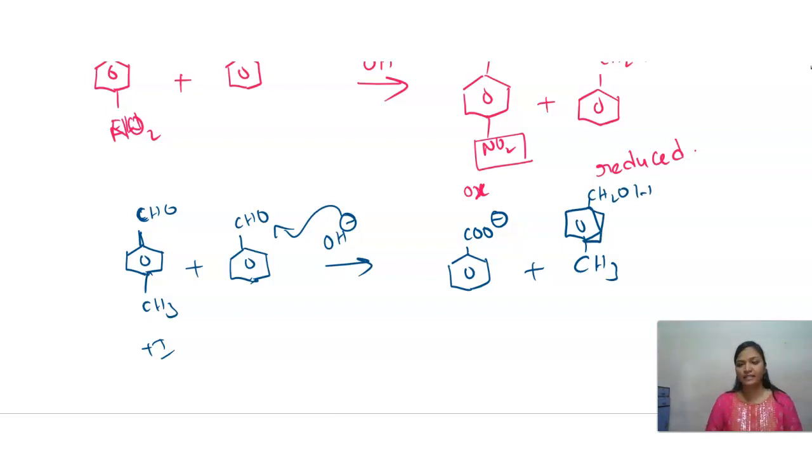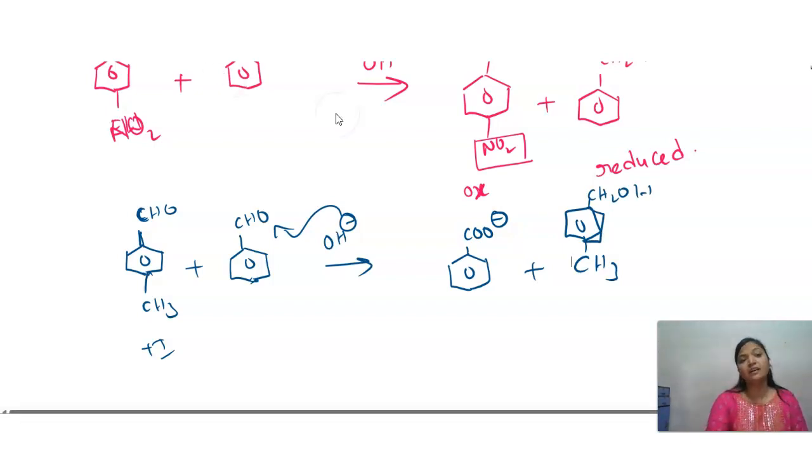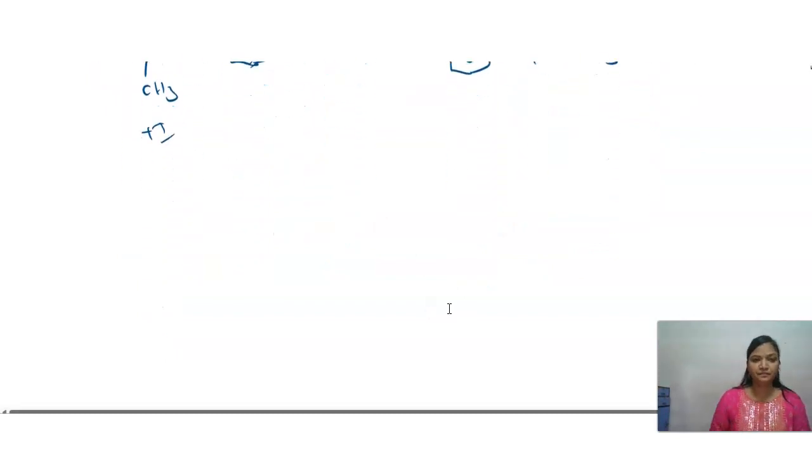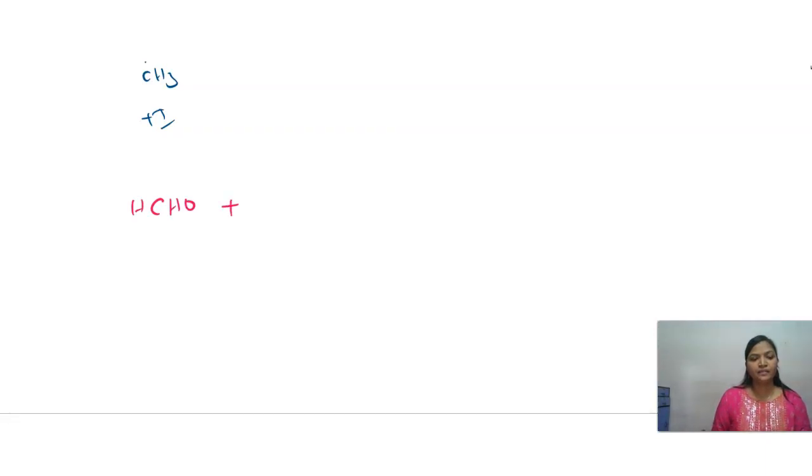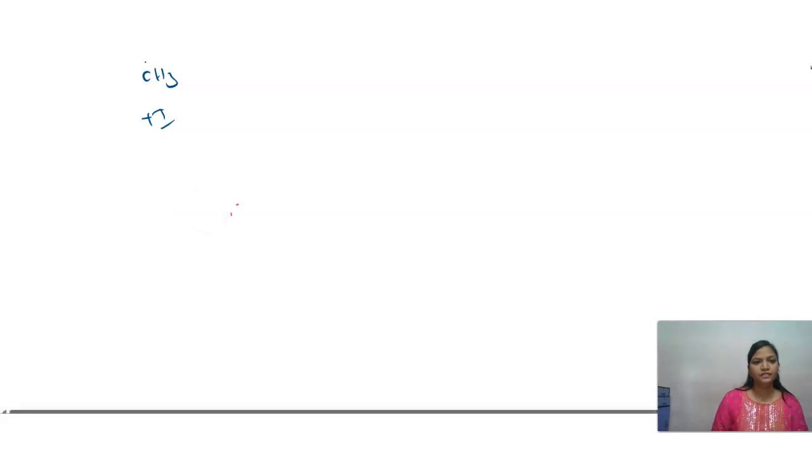Okay, so this is another type of reaction. If deuterium is present in HOH, so here in this compound, if deuterium is present, then what happens? So 2 moles of this deuterated formaldehyde we are taking here.